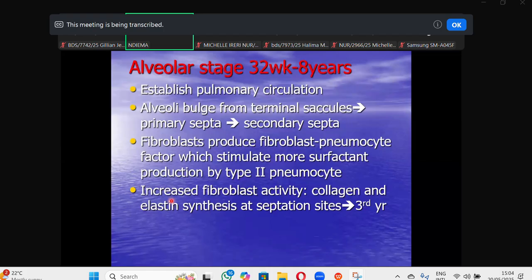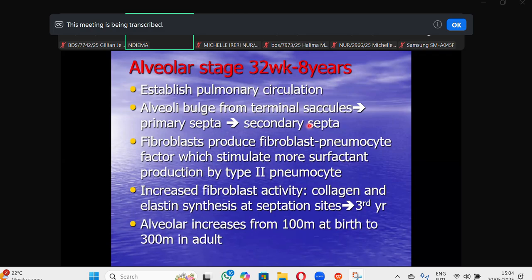And this continues on. And there's very rapid development by the third year, but we have said the lung completely develops up to the 8th year. So the alveoli increase from 100 million at birth to up to 300 million in the adults.